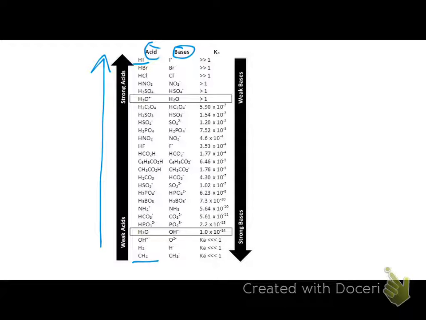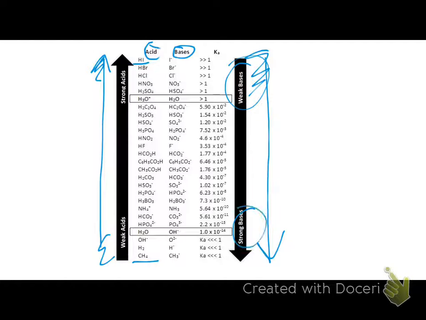So our weak acids are down here, strong acids are up the top. Okay. Now, if we look at the bases, it's just the opposite of the acids. The base strength is actually getting stronger as we're moving down the table, so which means that up here is going to be our weak bases, and down at the bottom of the table is going to be our strong bases.